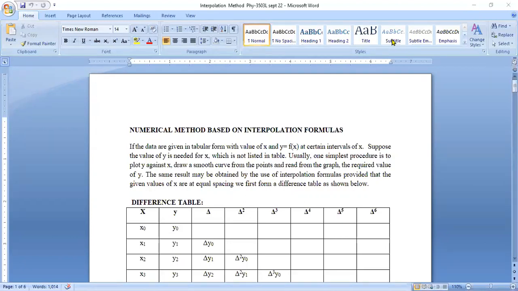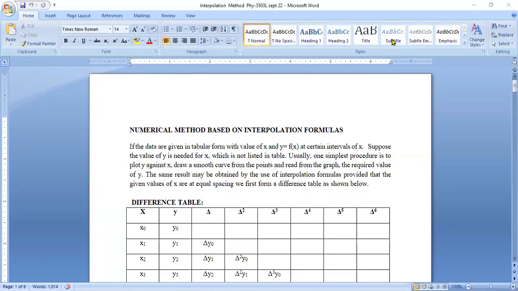The derivations of these two formulas are given in the textbook. The name of the textbook is Numerical Methods in Engineering and Science. The author is B.S. Grewal, and the publisher is Khanna Publishers.